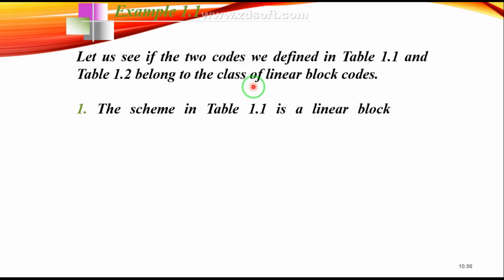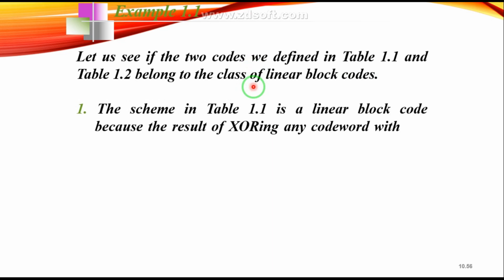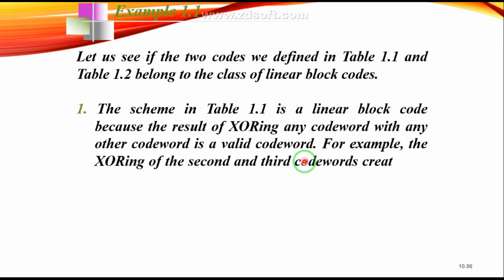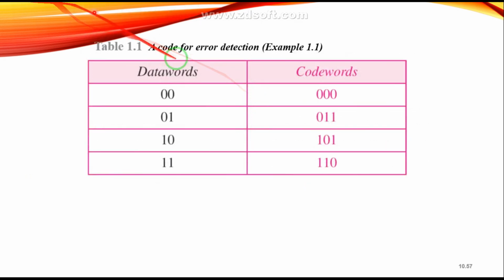Now the scheme in table 1.1 is a linear block code because the result of XORing any code word with any other code word is a valid code word. For example, the XORing of the second and the third code word creates the fourth one. So let's understand this using the table.